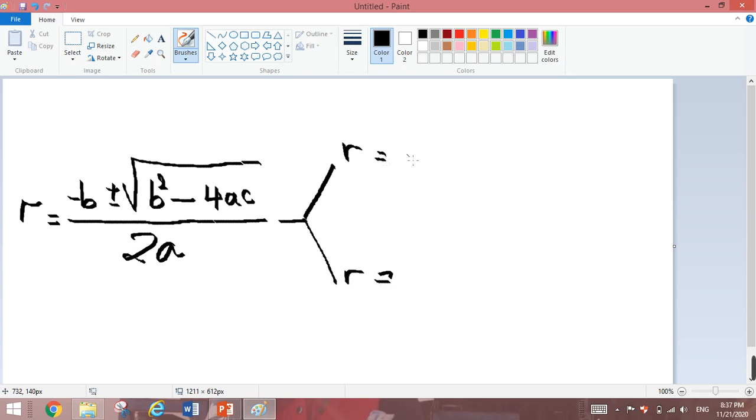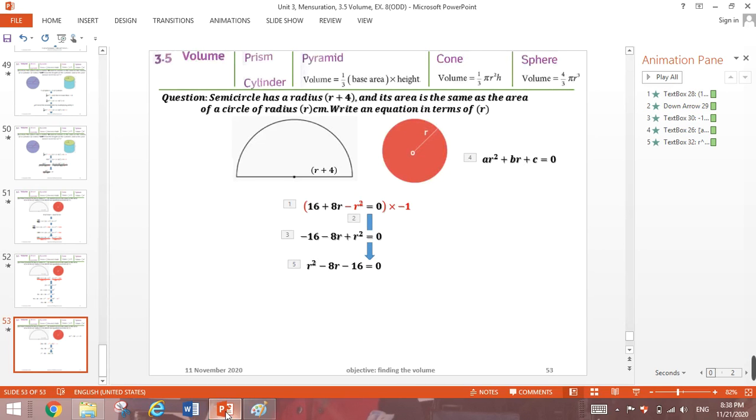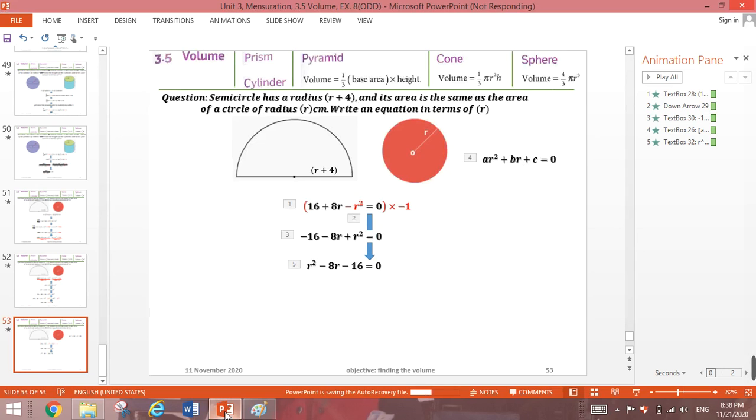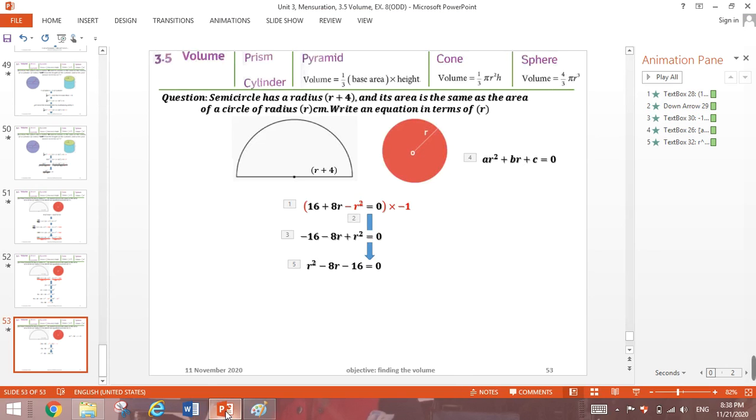Before I carry on, we need to go back to the presentation, and a in this case is 1, b is negative 8. a is the coefficient of r squared or x squared, b is the coefficient of r or x, which is negative 8, and c is the number on its own, which is negative 16.